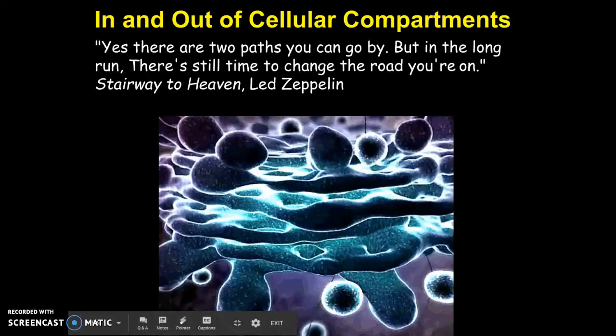So moving on to chapter 15, we'd like to talk about how things move from one compartment to another: how things get into the endoplasmic reticulum, how they move from the endoplasmic reticulum to the Golgi, how they move from the Golgi to maybe exocytosis or a lysosome, or how proteins that are made in the cytosol enter into the mitochondria or the nucleus.